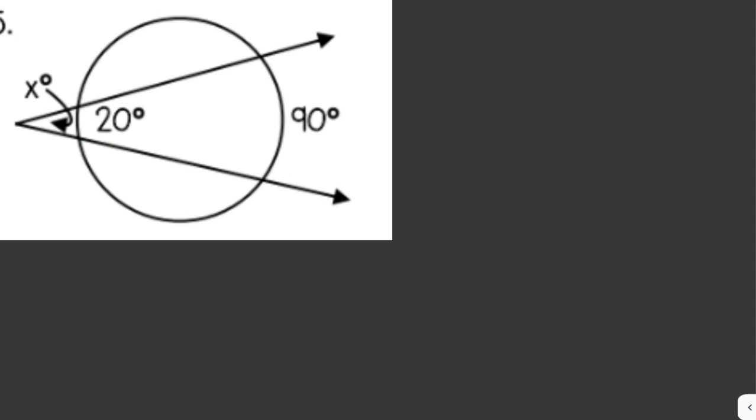The formula for finding the exterior angle, the x degrees, is equivalent to 1/2 of the difference of the major arc and the minor arc. So the measure of angle x is equal to 1/2 of the difference of the major arc and the minor arc.